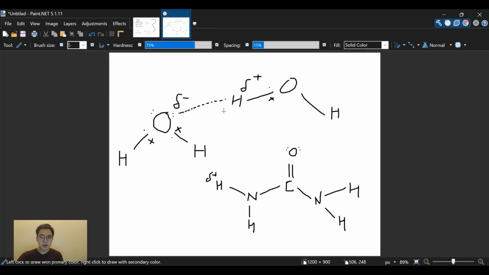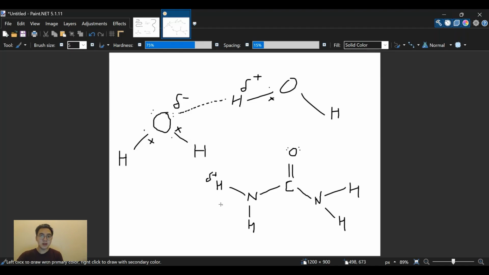Can that do the same thing? You can say here that nitrogen is also an electronegative atom. It's next to oxygen on the periodic table, so it should also have the same effect on your hydrogens. Your hydrogens are delta positive, your nitrogens are delta negative.